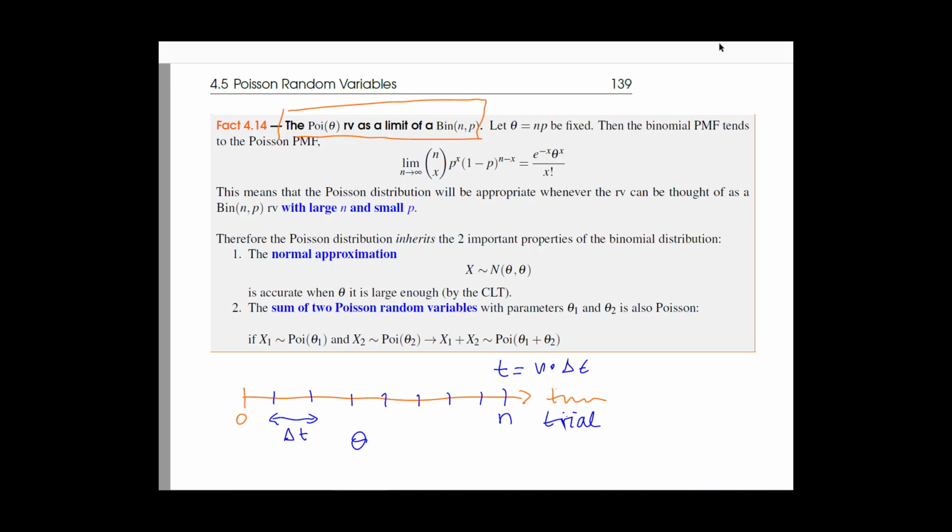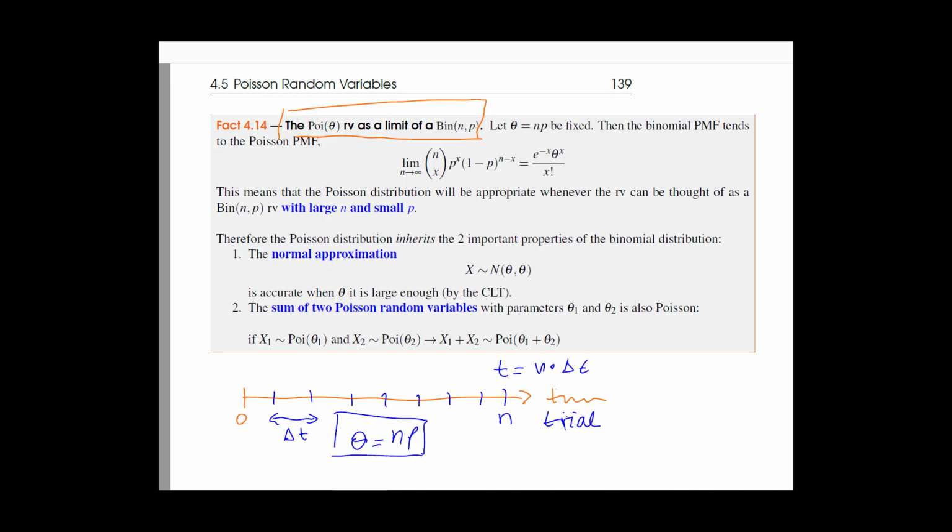So this is going to be theta, the expected value, but it also will be n times p from the binomial approximation, right? So n is, let's say, 12 months, and p is the probability of 1 tornado in a month. Okay, so this relationship holds, and it's the one that connects the Poisson and the binomial random variable.